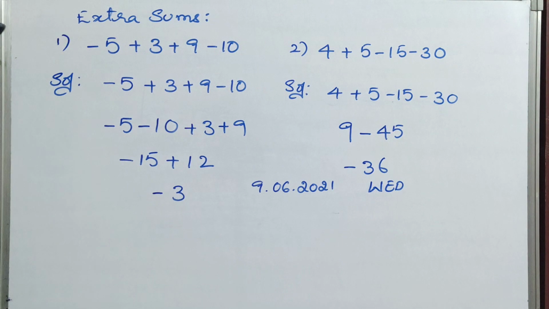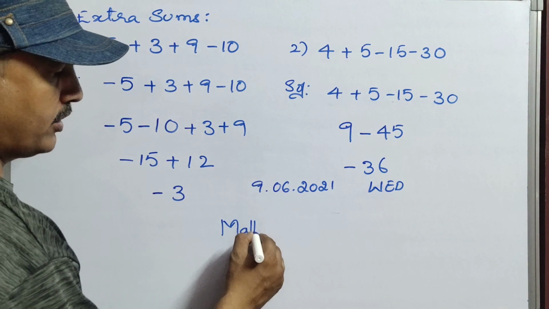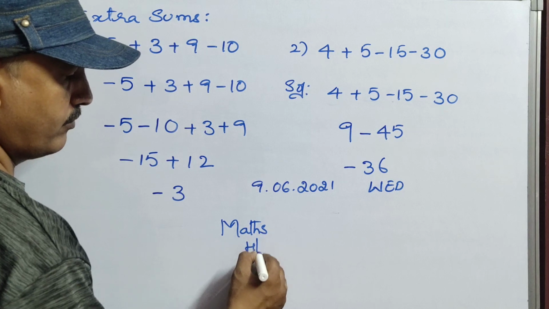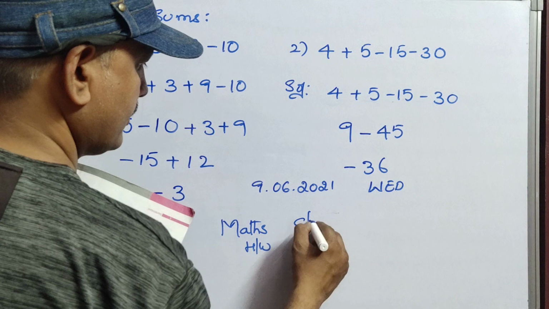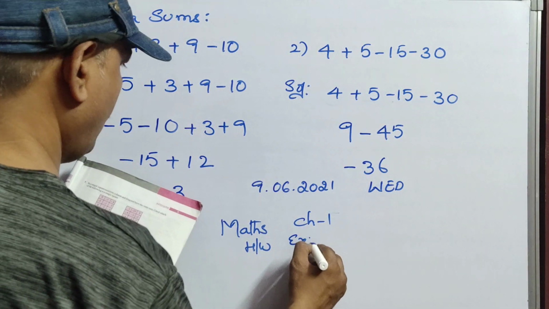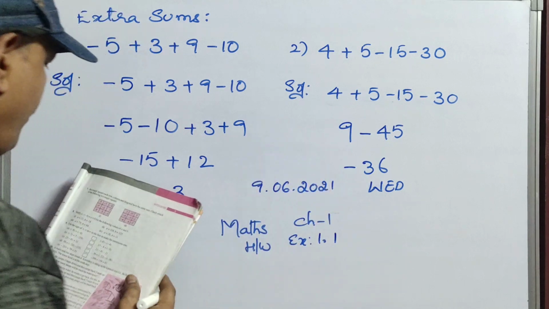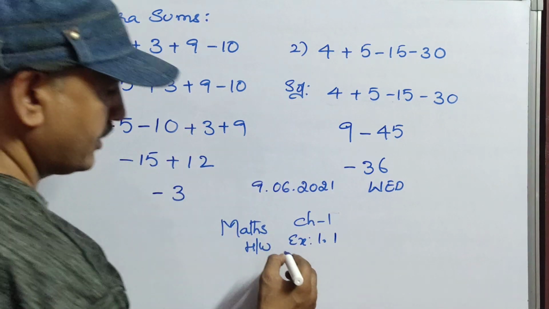Okay. Now maths homework. Chapter 1, exercise 1.1. Okay. 7 and 9.